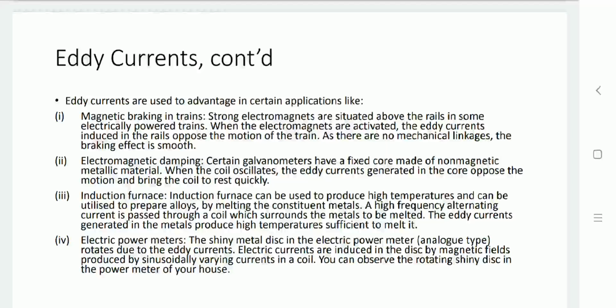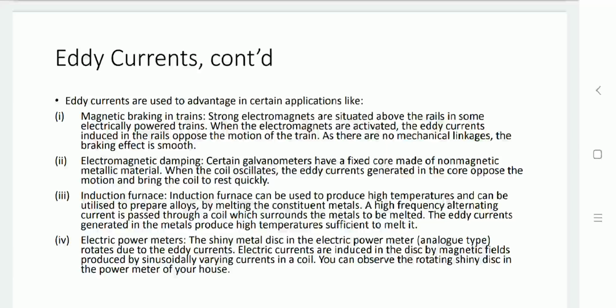The eddy currents generated in the metal produce a high temperature that can melt the metal. So total current is increased, heat is generated, and that heat gives a higher temperature and can easily melt the material.